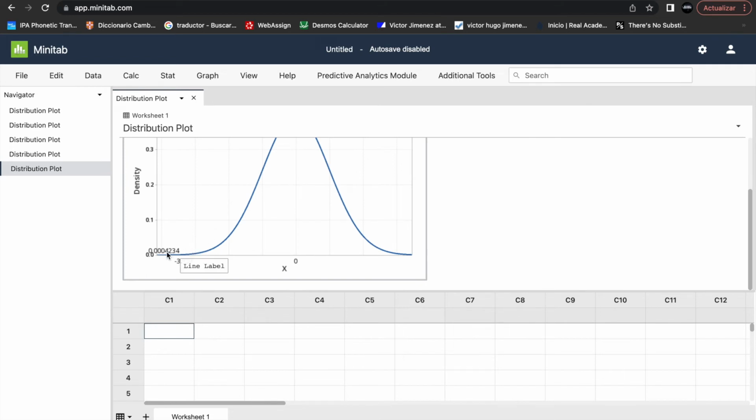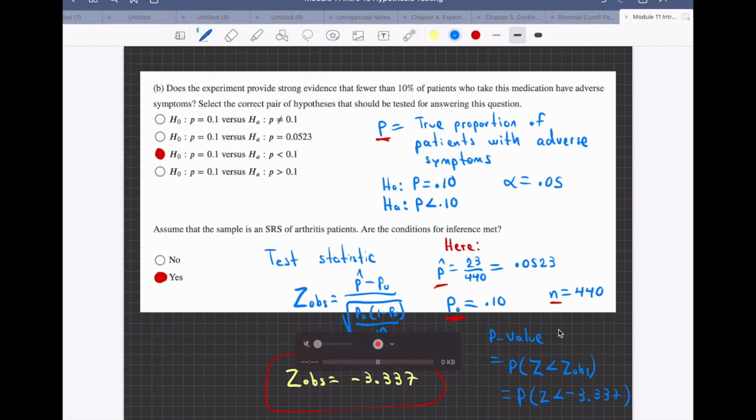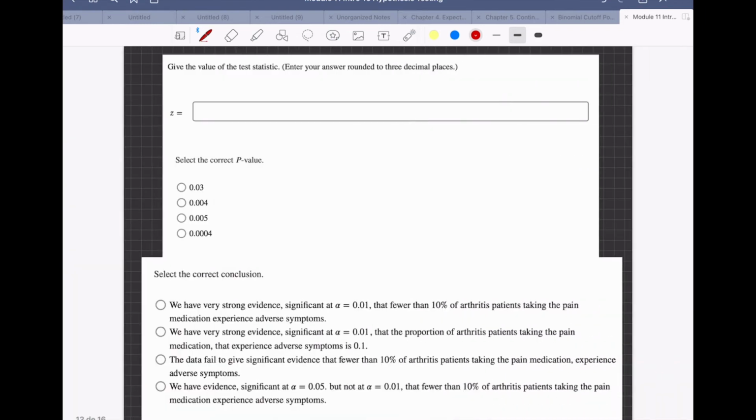The value is 0.0004, three zeros and a 4. That is the p-value. That okay? So let's continue with this.